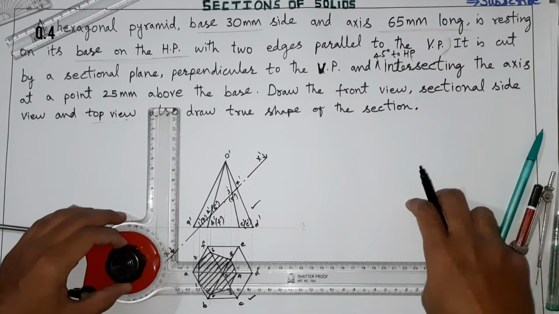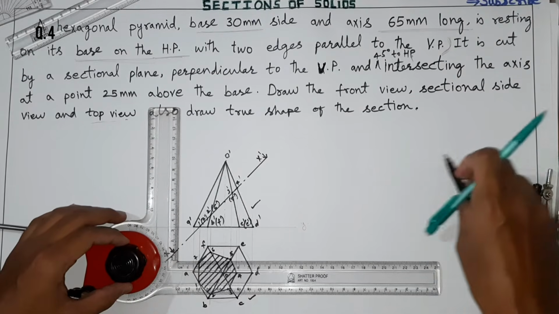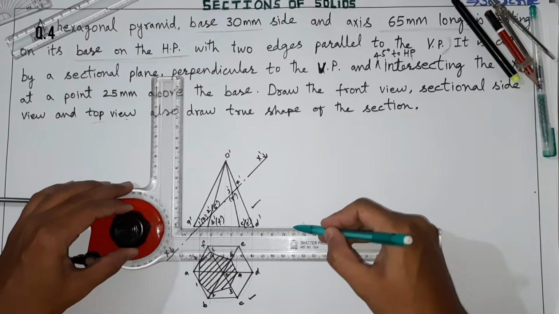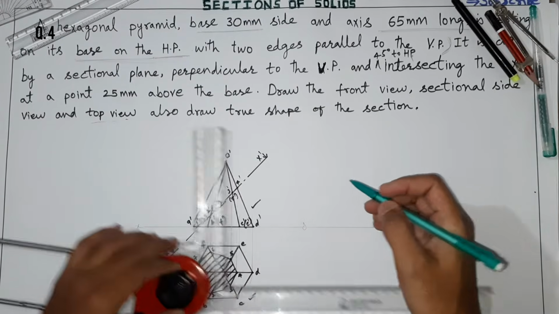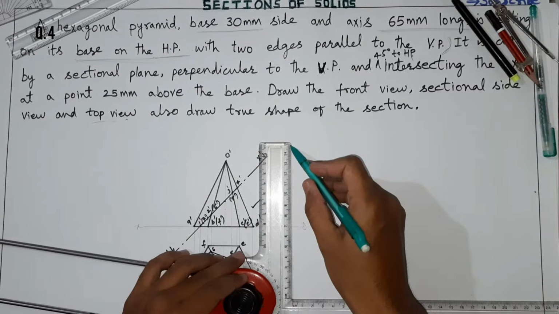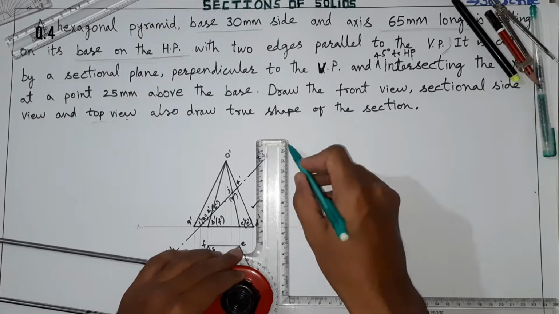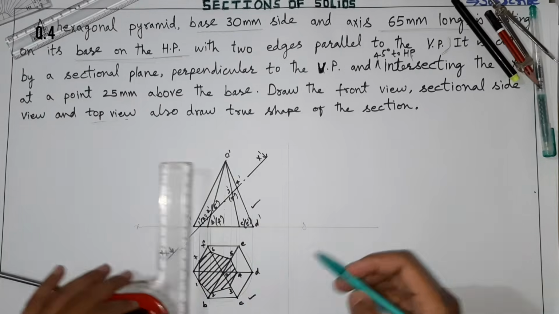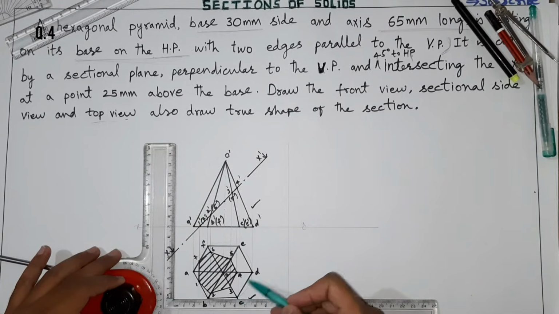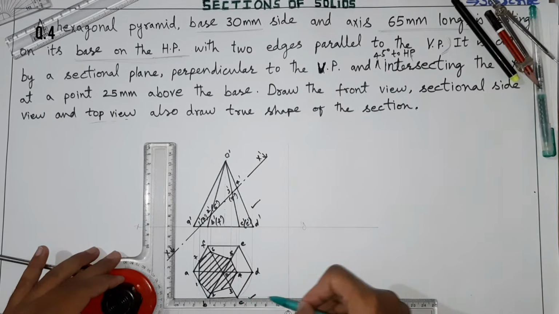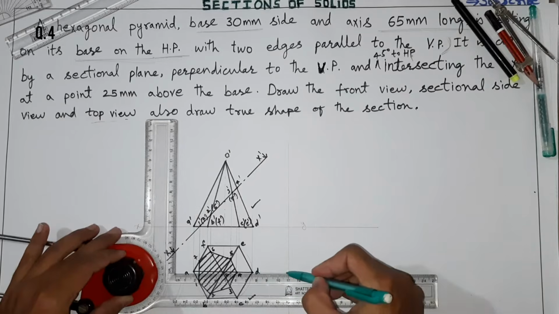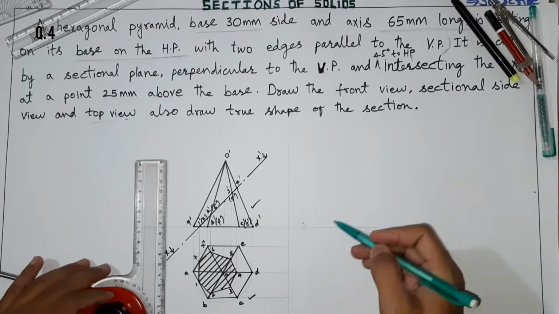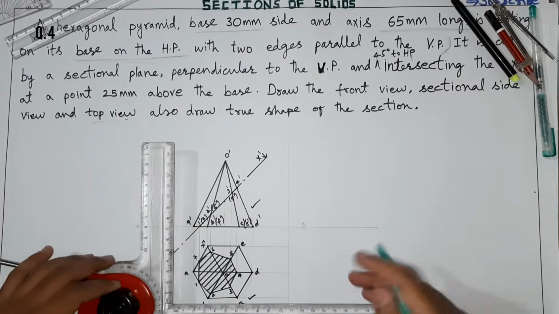Okay, so here the rest of the part we will be continuing with this thin line, then later we will make it dark, whatever visible or required lines are there. Okay, so this comes the profile plane here. You need to do all the projections 1 2 3 on this side, and then from here you have to take 45 degree, and these projectors also you have to take here.